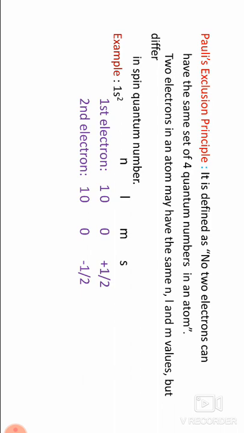In an orbital, if one electron has plus half spin, the other has minus half spin. It follows from the Pauli principle that an orbital accommodates a maximum of two electrons. Pauli's principle is useful in the determination of the maximum number of electrons present in main shells and in subshells.